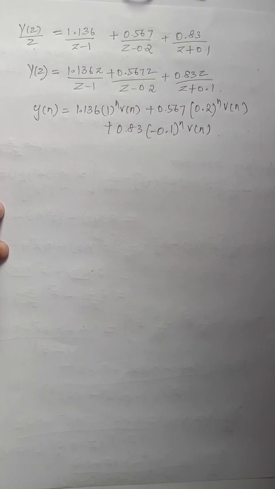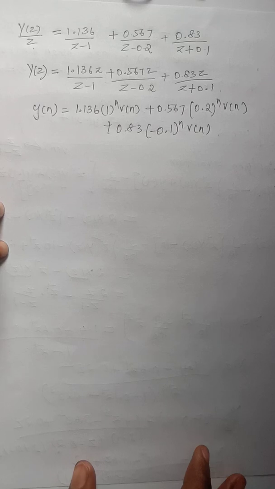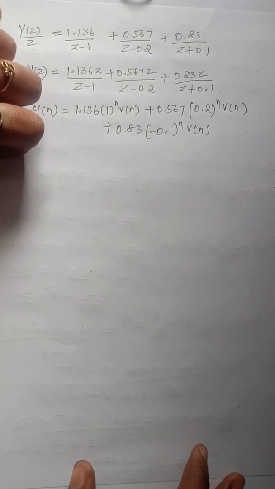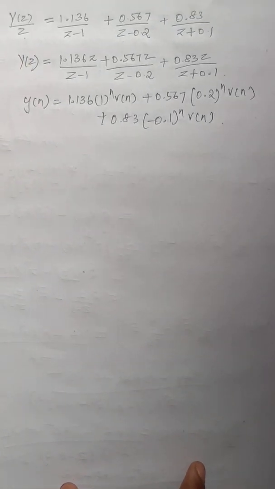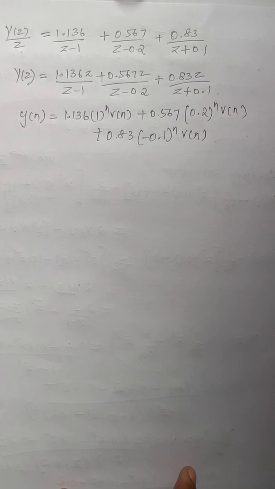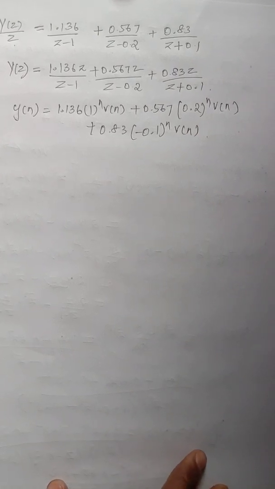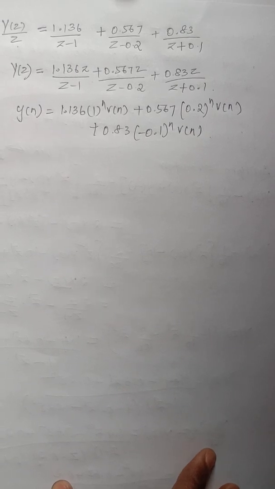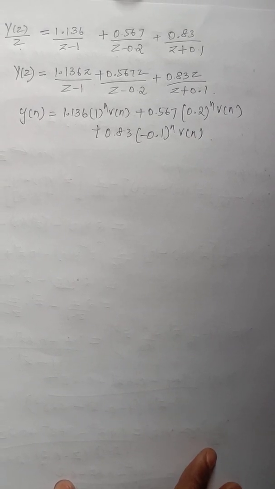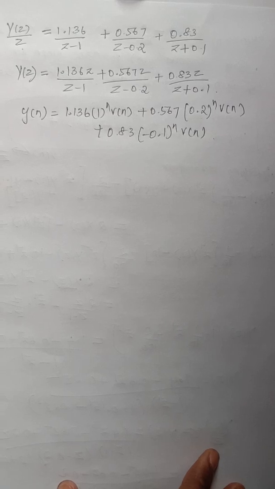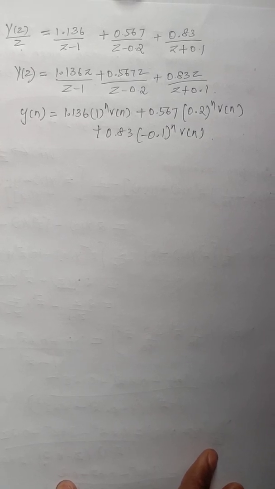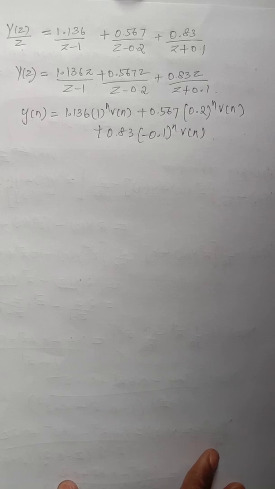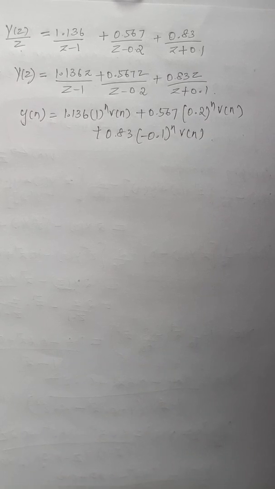So we have completed the topic solving difference equation using Z transform. Here you may be asked to find the impulse response, frequency response, step response without mentioning any transform. In that case you can use either the Z transform or the DTFT if it is a discrete time sequence. Okay, so it's very simple.